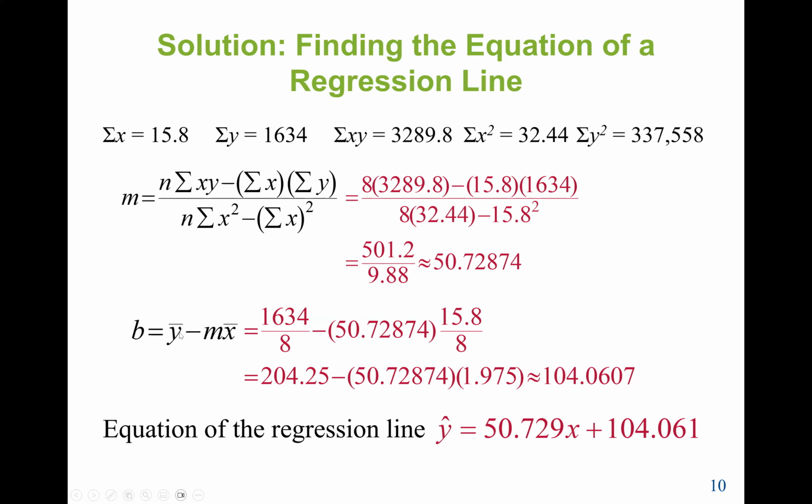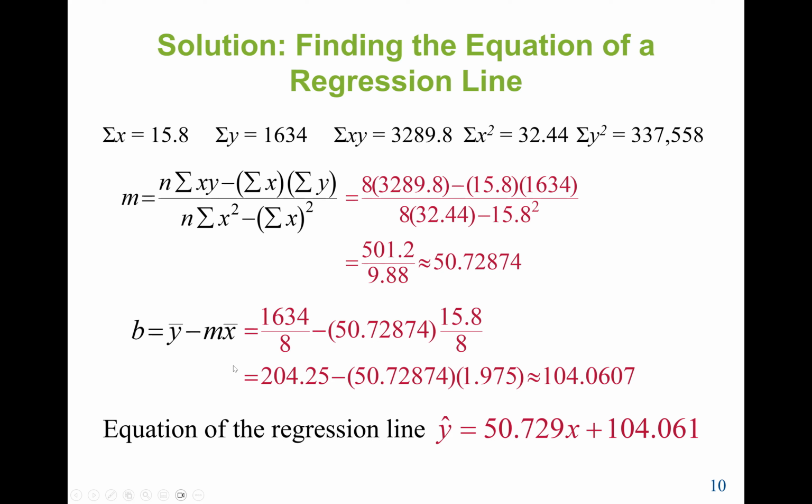We know the sum of y is 1634, divided by 8, which gives us the average, minus the slope times the average of x, which is 15.8 divided by 8. After the calculation, we get 104.0607.